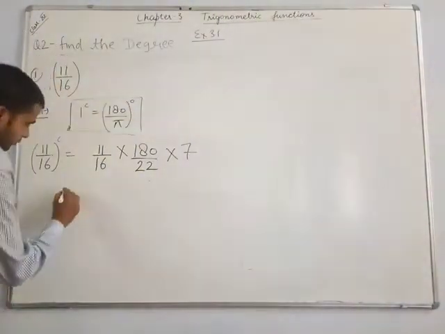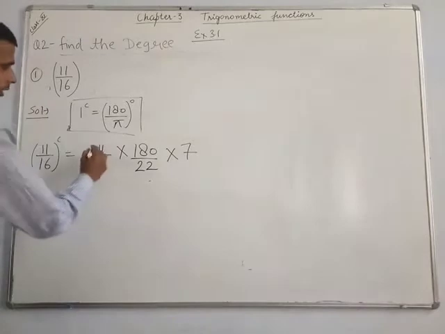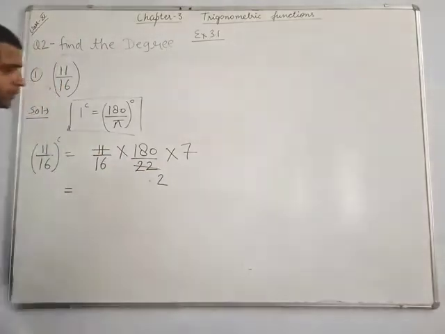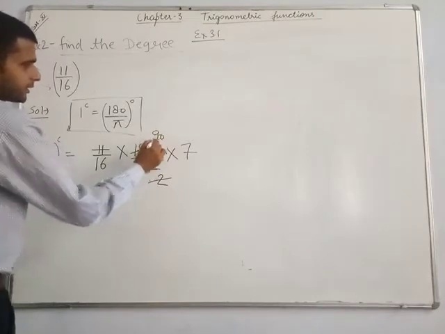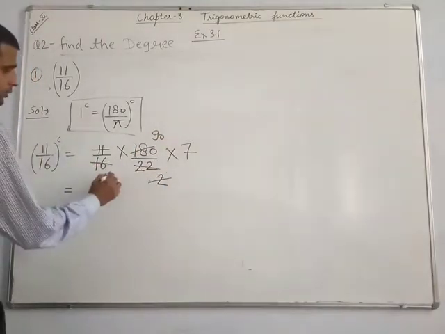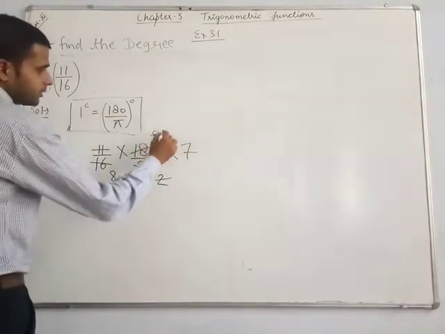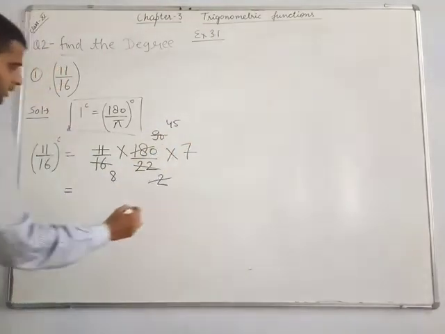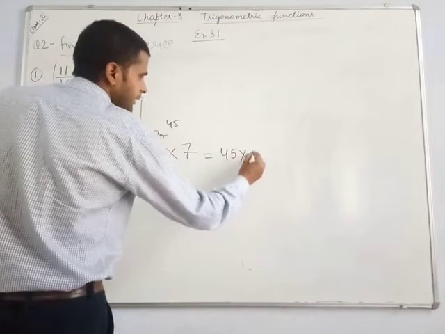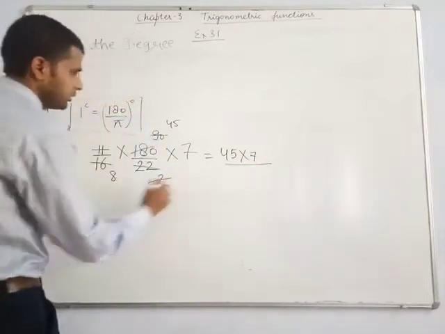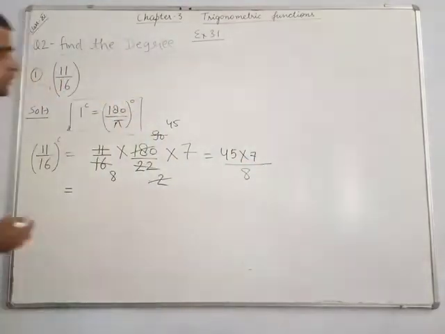11 with 22 gives 2, 180 by 2 is 90, 2 and 8 is 16, so 45. So 45 multiplied by 7 upon 8, right?